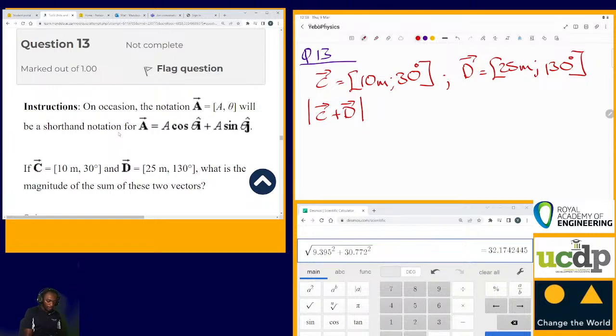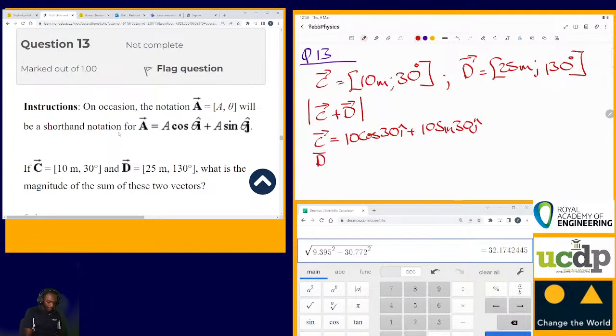So we are going to change the notation so that vector C will now become 10 cos 30 in the I plus 10 sine 30 in the J direction.